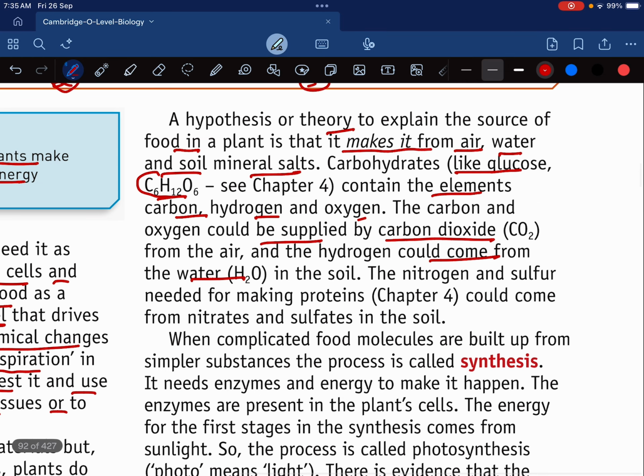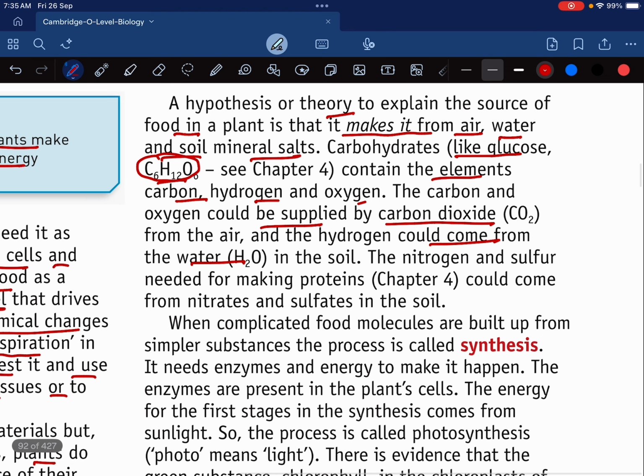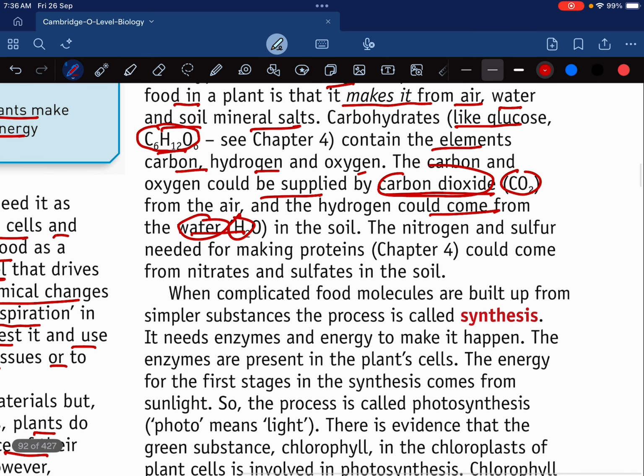Of course, we need glucose, right? C6H12O6. Now, to make that glucose, plants use carbon dioxide. The carbon molecule comes from here, right? Carbon and oxygen come from it, and they use water from the soil as a source of hydrogen. The nitrogen and sulfur needed for making proteins could come from nitrates and sulfates in the soil.